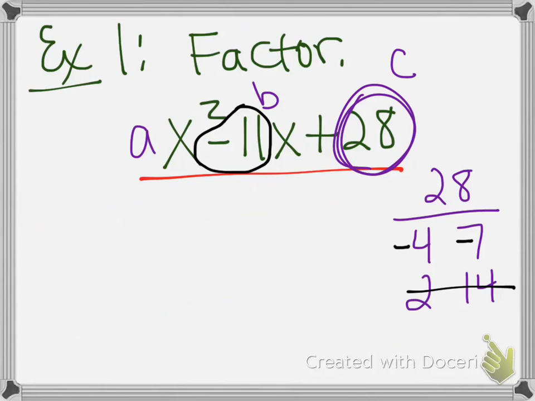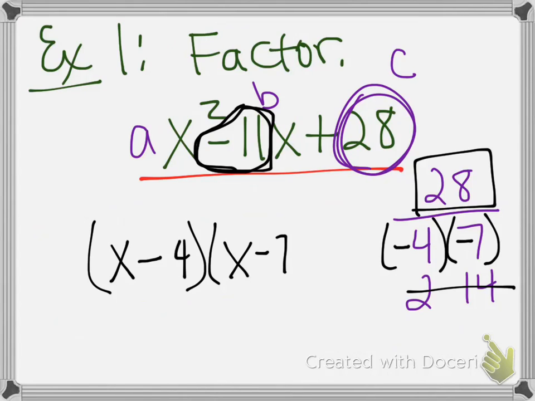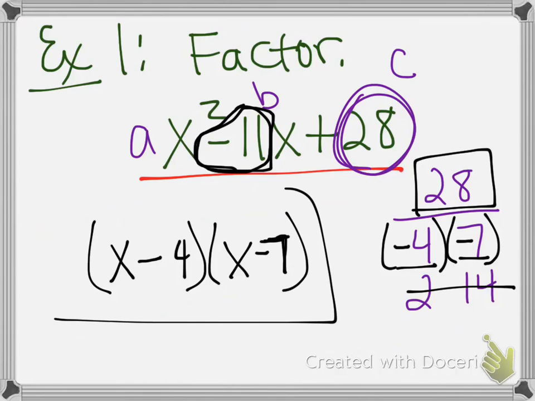If I double check this, negative 4 times negative 7 is 28. Negative 4 plus negative 7 is negative 11. So my factors are going to be x minus 4 and x minus 7. It was negative 4 and negative 7, so it becomes minus 4 and minus 7. That's the factor. That's all you have to do.